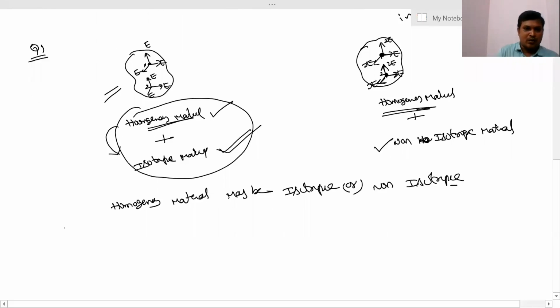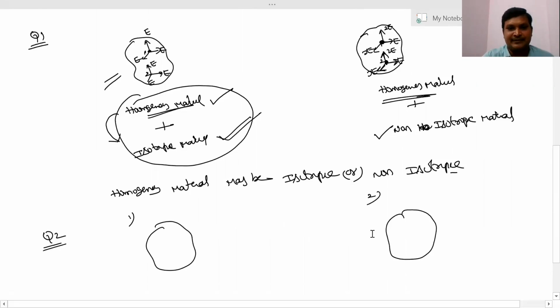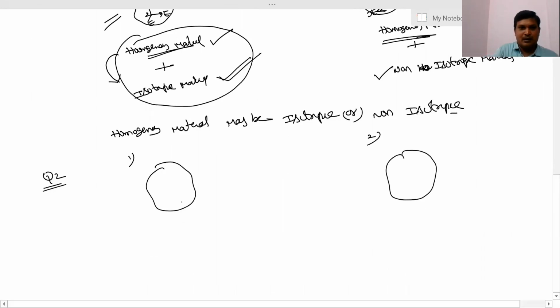So now our question 2 is: again I am taking two different materials. Same two different cases. This is case 1, this is case 2. I'm taking point 1, again point 2. Is it clear? So what is this?